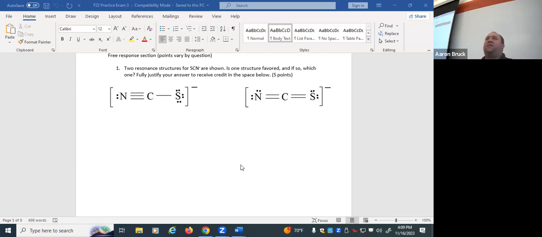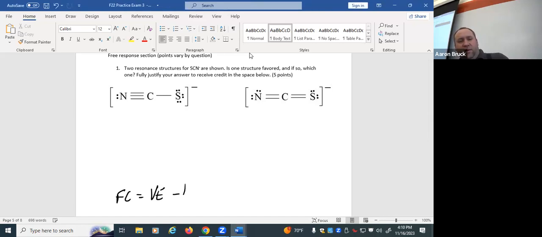Anytime that you are asked to weigh one Lewis structure against another, you need to immediately think about formal charges. Formal charges are what we use to evaluate which structure is better than the other structure. And so, just as a recall here, formal charge is equal to the valence electrons minus the bonds minus the dots.